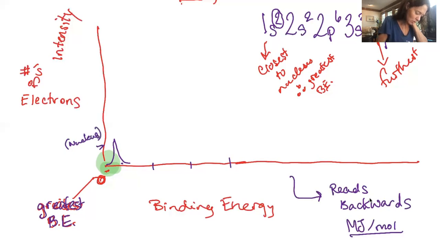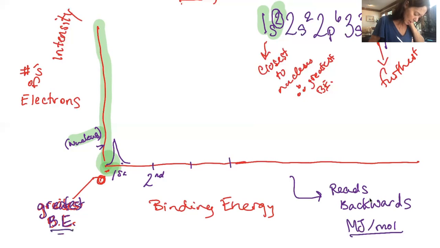You can almost think of this line right here being the nucleus, so that those 1s2 electrons are definitely closest to the nucleus. Let's just move on to our 2s2 electrons. Well, they're going to go from the first energy level to the second. So they are now further away from the nucleus. So the binding energy is less.